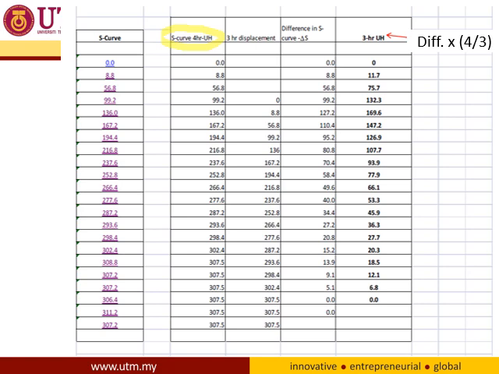So you want to convert to a 3 hour unit hydrograph. So you have to displace this S curve 3 hours. 1 2 3. So start here. Okay, 1 2 3. Start here. Okay, so this is a 3-hour displacement.